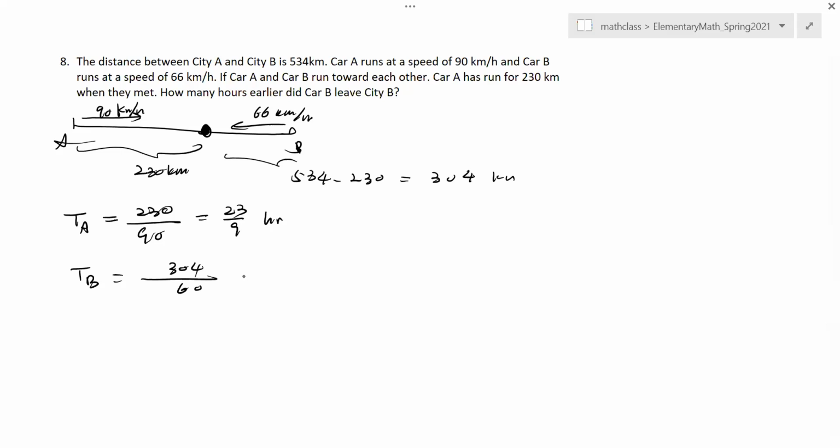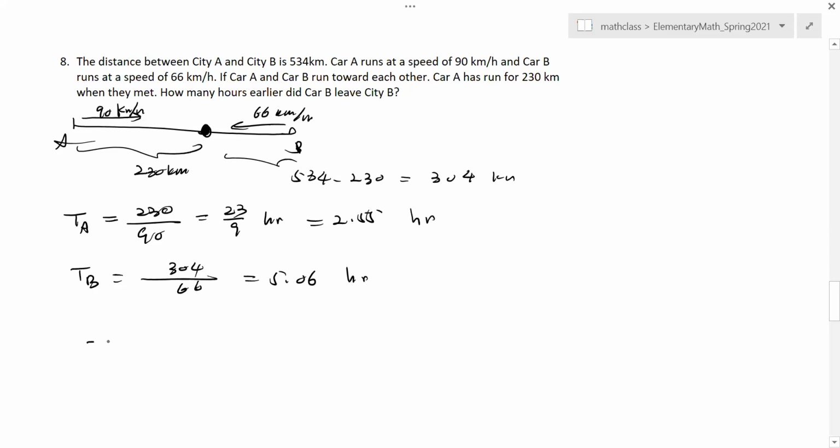But if you use a calculator, it's 5.06, and this is 2.55.